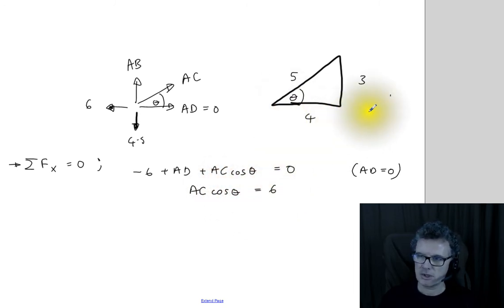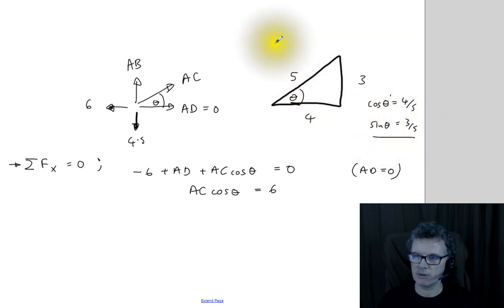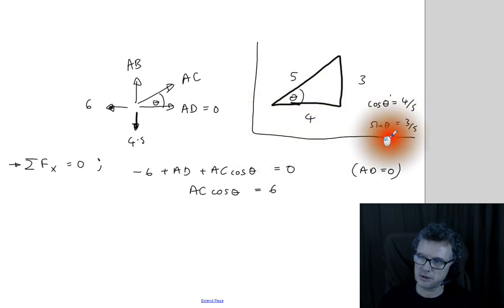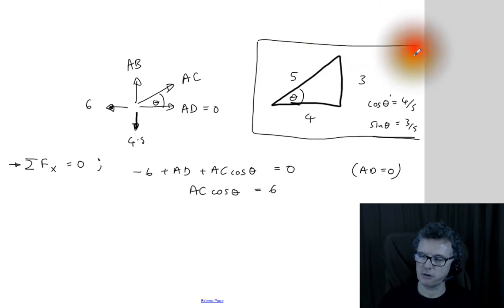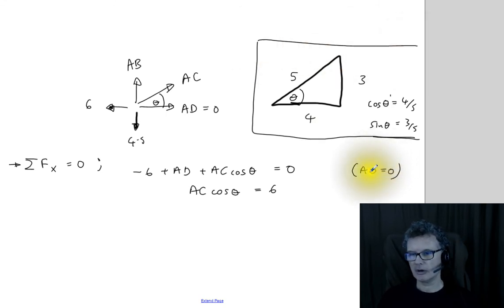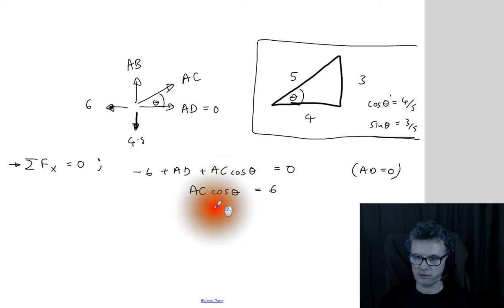Cos theta, what's that? Well, we can do a little table here. So cos theta equals 4 over 5. Sin theta equals 3 over 5. Right, so I've done my geometry here. It's good to do little rough notes of your geometry over on the side. So cos theta should be 4 over 5.